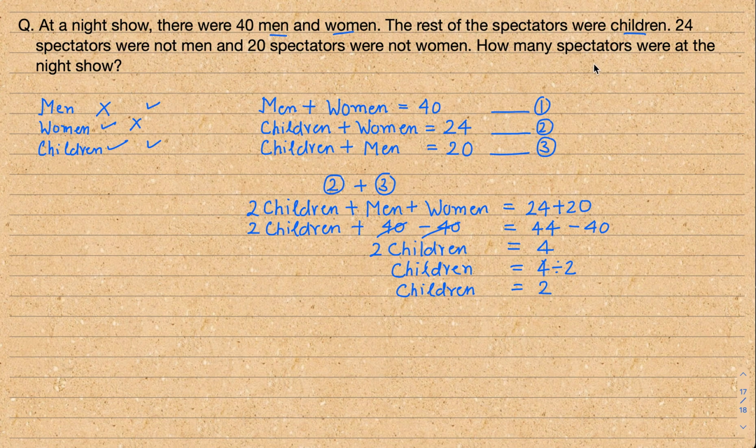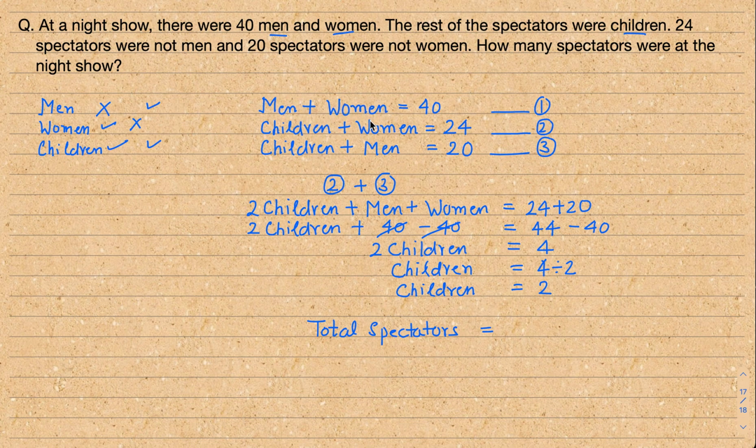Now our question is, how many spectators were there at the night show? Total spectators include men, women and children.